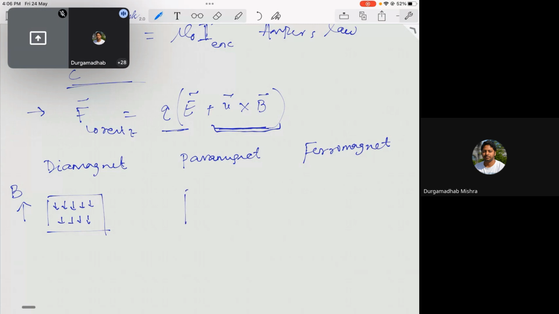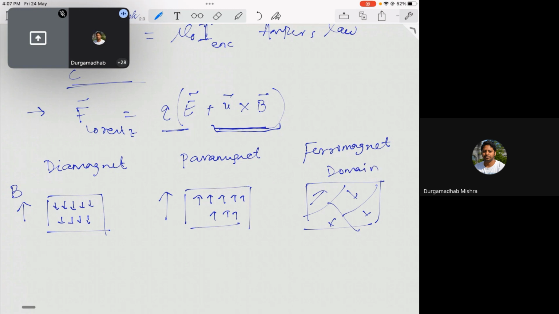If I take a paramagnet and apply a magnetic field, all the moments will be aligned along the field, in the same direction as the applied field. And in case of a ferromagnet, what you have is something known as domains.